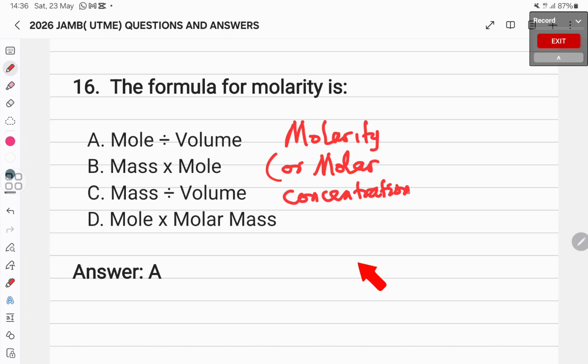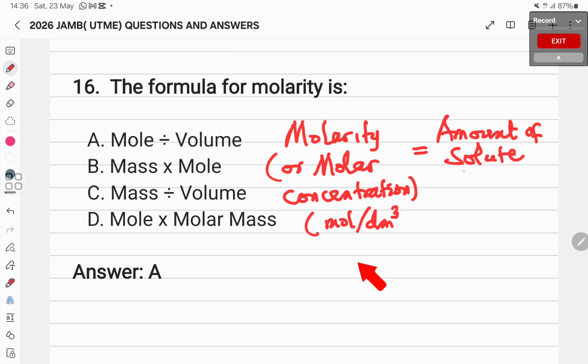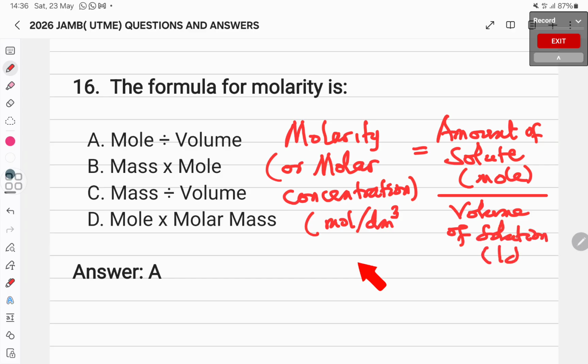Molar concentration, expressed in mole per dm cube, is amount of solute in mole divided by volume of solution, which is going to be 1 dm cube specifically.